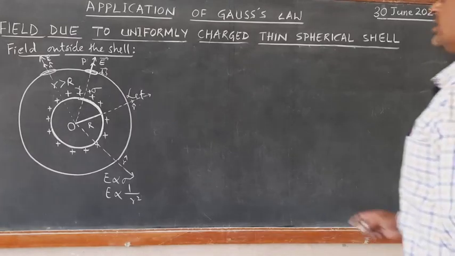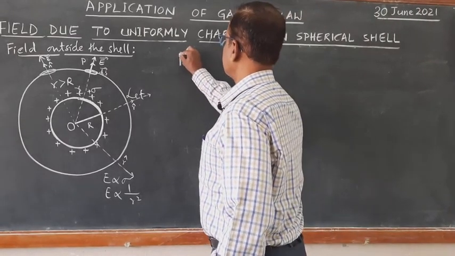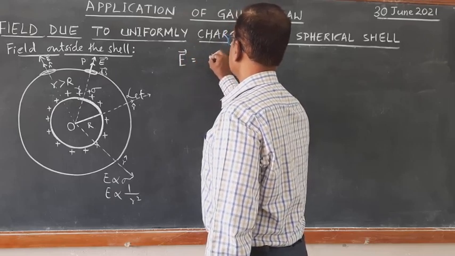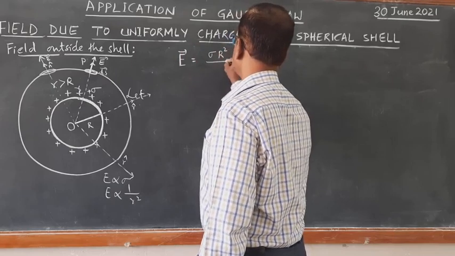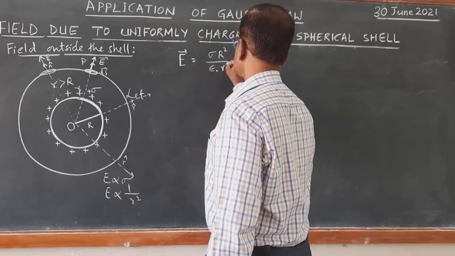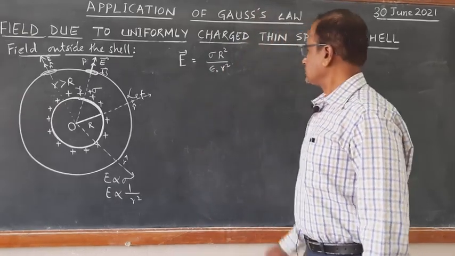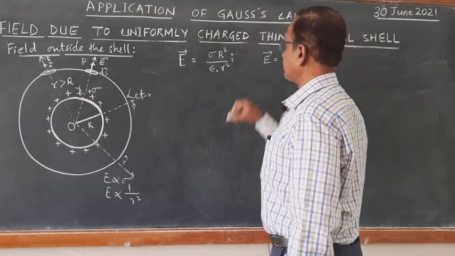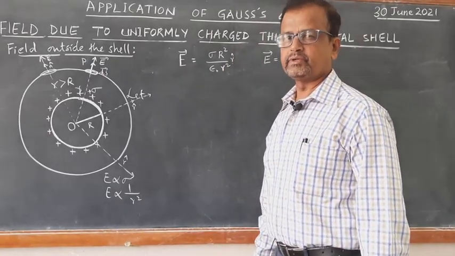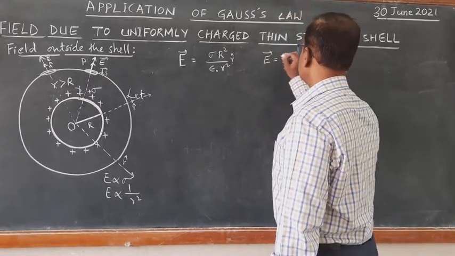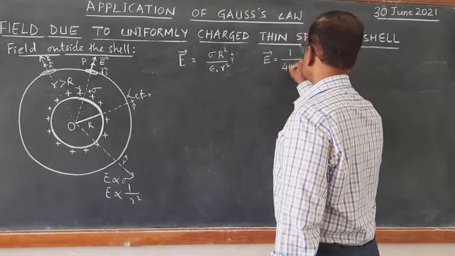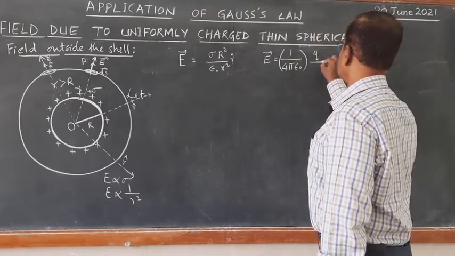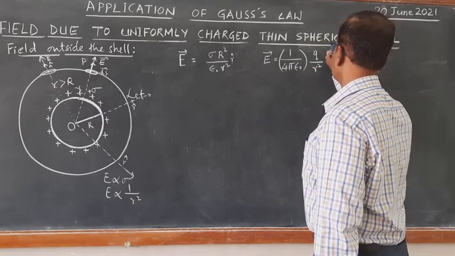Okay, the electric field outside the shell we got as E equal to sigma R square upon epsilon naught times small r square, which we got finally as E equal to 1 by 4 pi epsilon naught q upon small r square into r cap. r cap is nothing but a unit vector of magnitude 1, right.